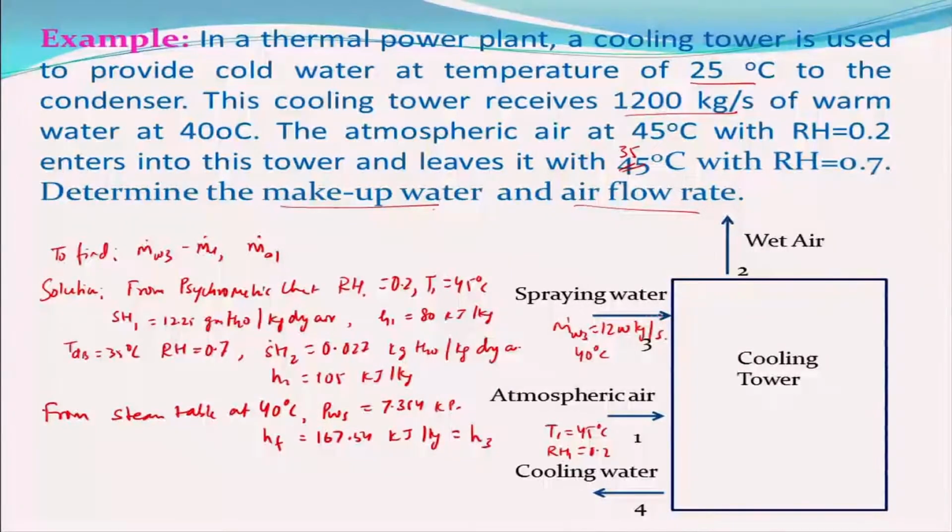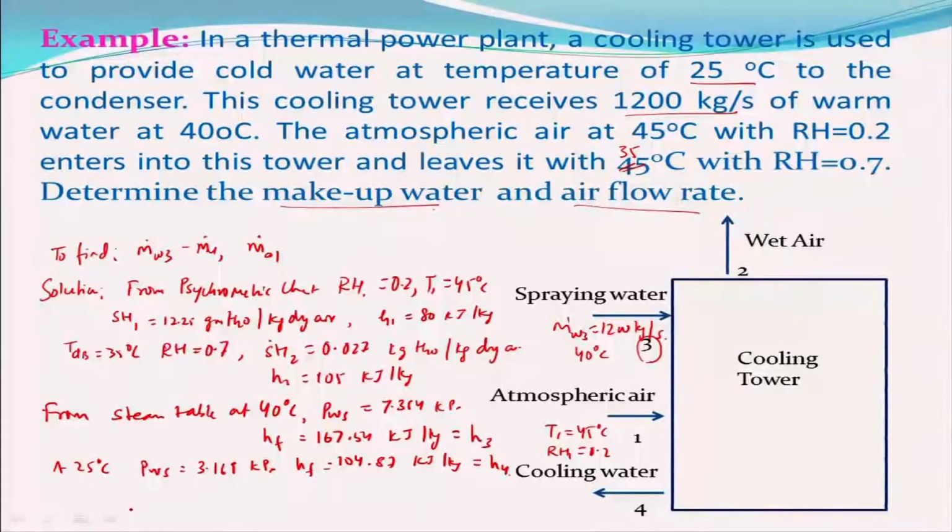This is the station 3. And at 25 degrees Celsius, cold water, PWS is equal to 3.169 kilopascal, HF 104.87 kilojoule per kg, which is nothing but your H4.